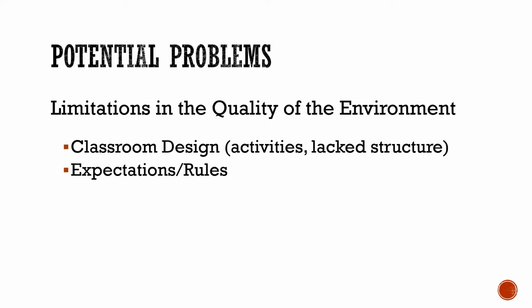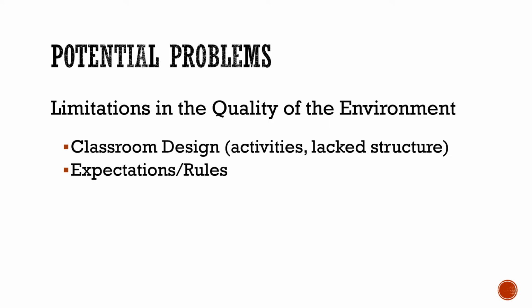Another issue, though, that you saw was that the children did not know what the expectations or the rules were. Right? So the child brought a toy to snack time. In one situation that might not be a problem, but in this situation, it certainly caused a problem because it was interfering and being intrusive to another child.